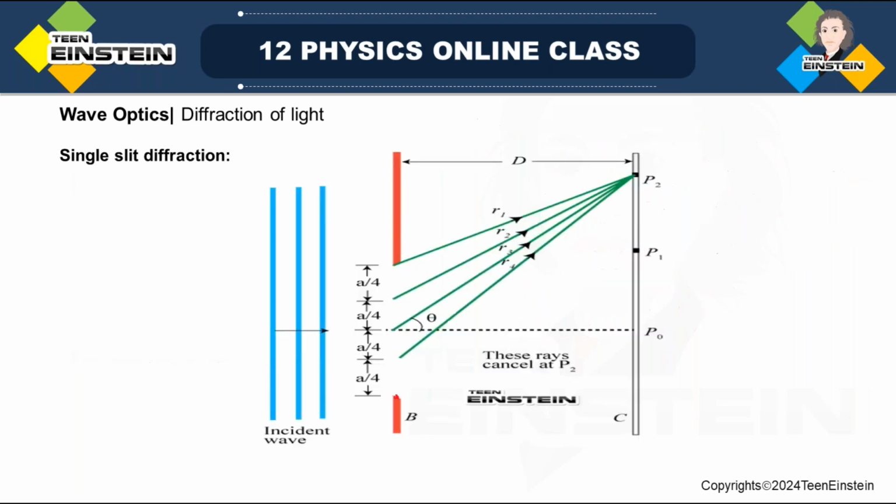If we want to have the position for the second minima at point P2, I have to divide the slit of width a into 4 equal parts, and each of them will have width a by 4.